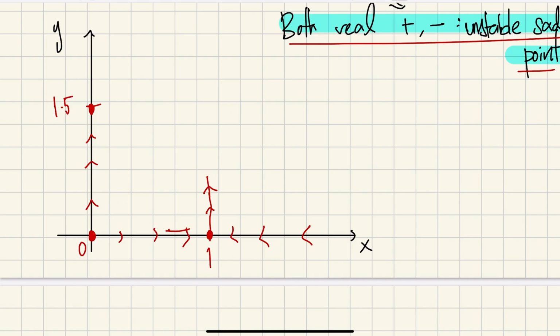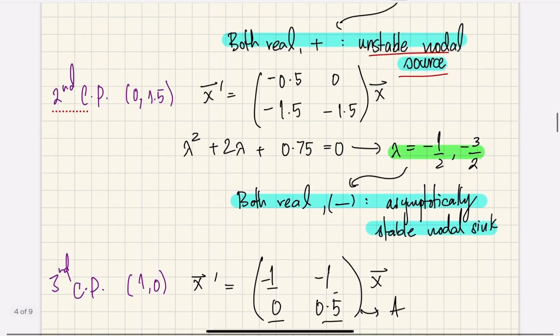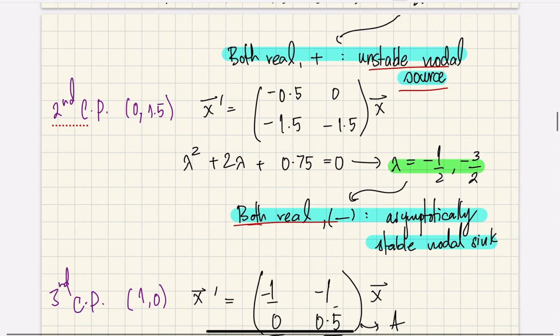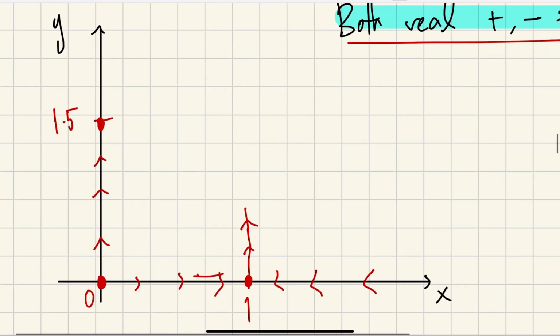We said our 0, 1.5 was a real asymptotically stable nodal sink, which means it's got stuff coming in. Even close to it, we've got stuff coming in.